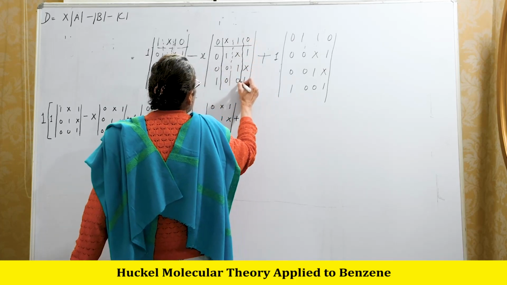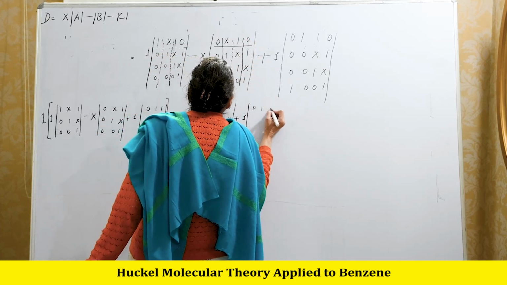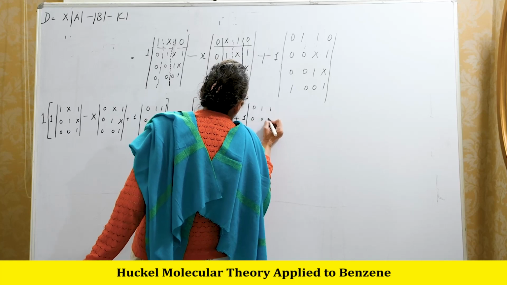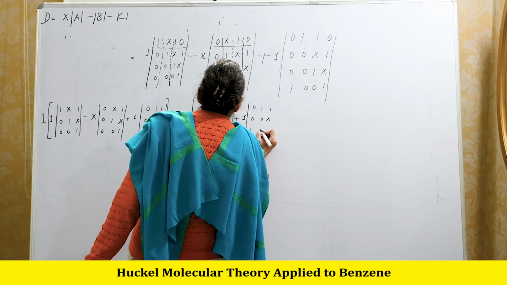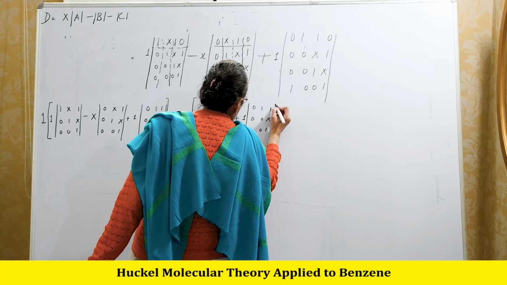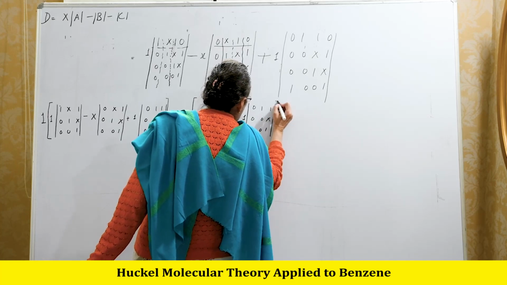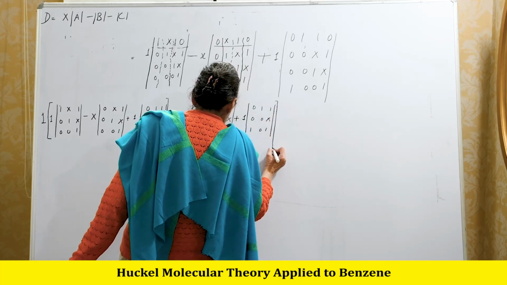So ignore this: 0 1 1 0 0 x and 1 0 1. Now this second is closed.